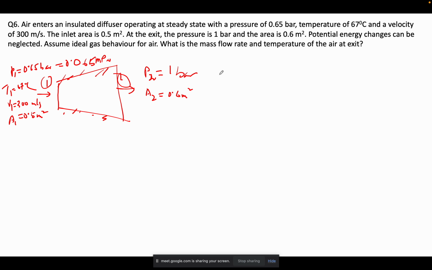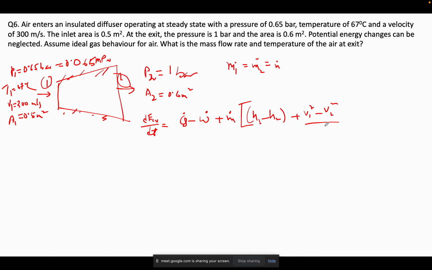Okay, now if you apply steady state, once again m1 dot will be equal to m2 dot, and that will be equal to m dot. Now again dEcV by dt is equals to q dot minus w dot plus m dot times h1 minus h2 plus v1 squared minus v2 squared by 2 plus g times z1 minus z2.